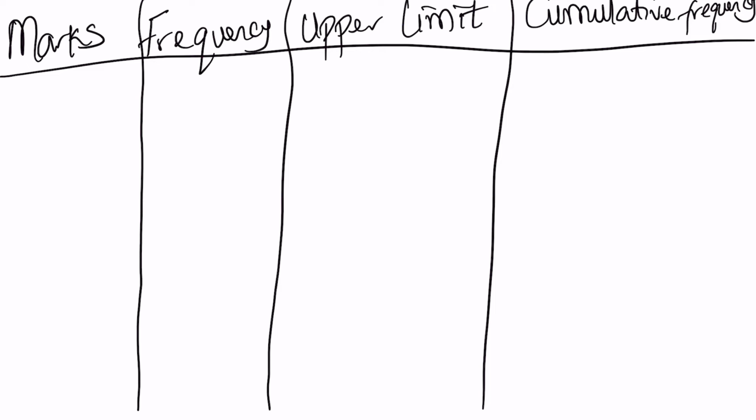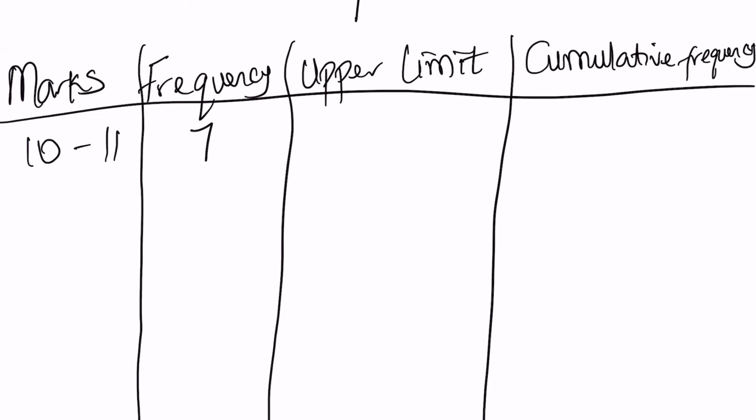For our 10 to 11, the frequency is 7, the upper limit is 11.5, and the cumulative frequency is also 7.